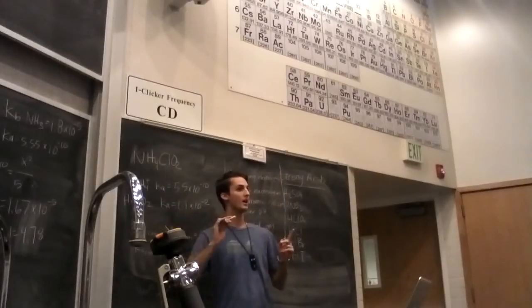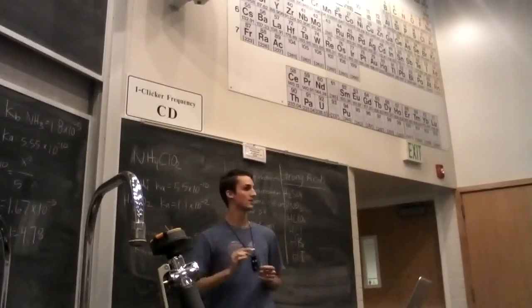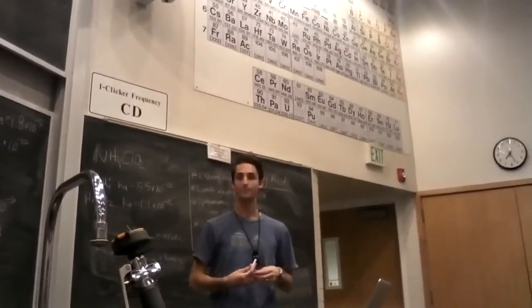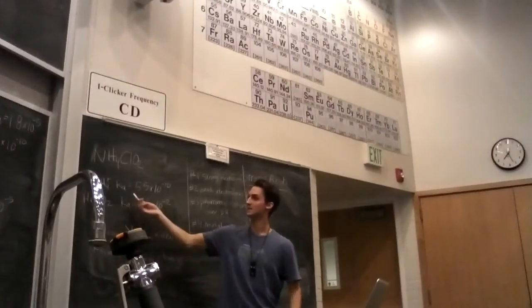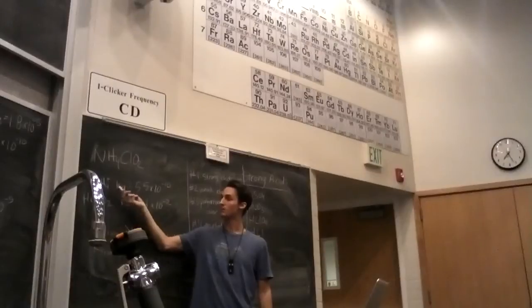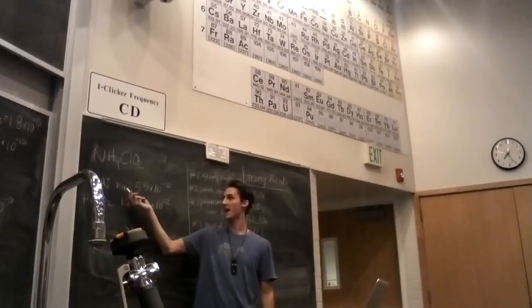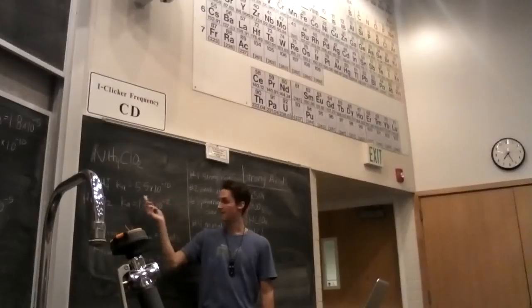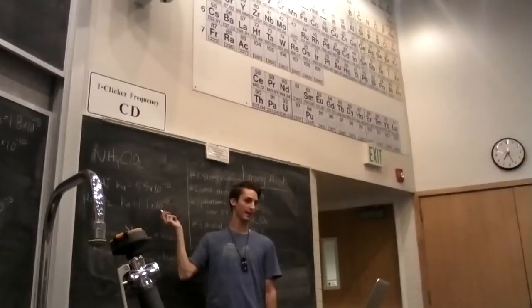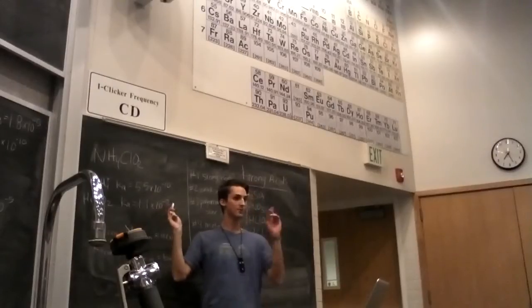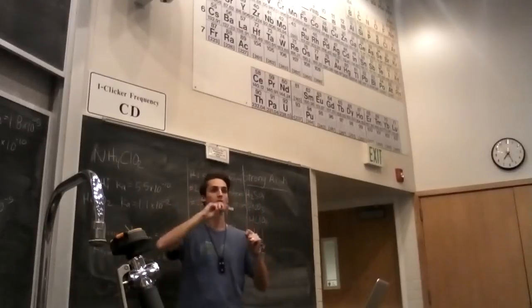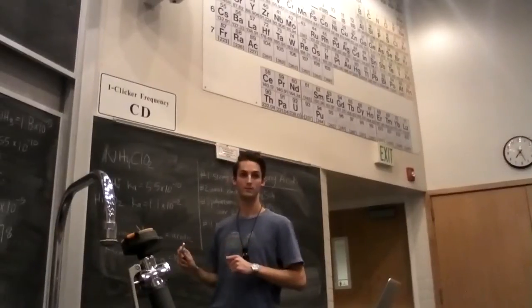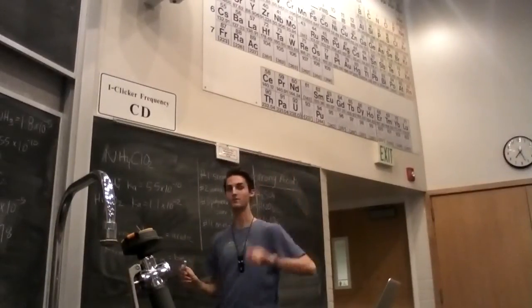This is where you have to compare your Kas and Kbs to figure out which one's going to win out. So in this case, I tell you, the NH4 plus Ka is 5.5 times 10 to the negative 10. And the HClO2 Ka is 1.1 times 10 to the negative 2. What's the first thing I'm going to do? Shouldn't you convert that HClO2 to a Kb? Exactly.